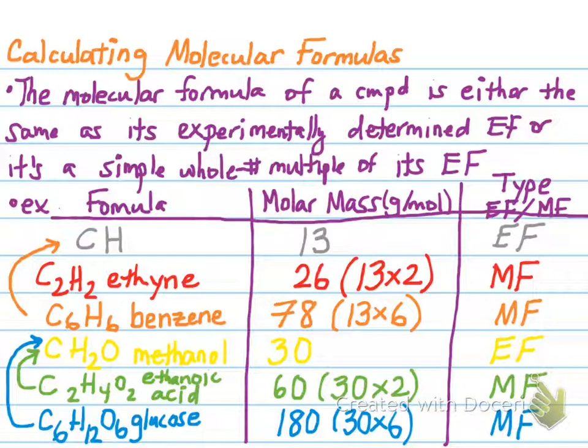Okay. So notice that there's a relationship between the molar mass of my compound and the molar mass of my empirical formula and how many times I have to multiply.